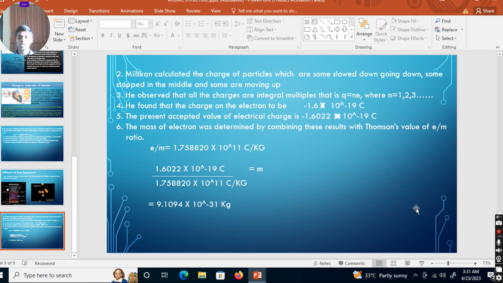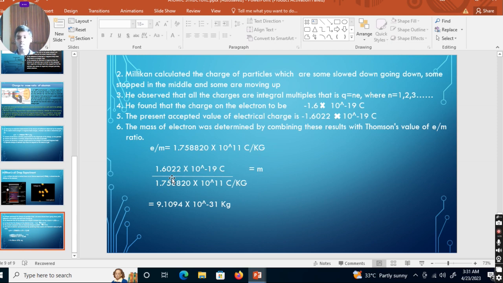By calculating this division, we get 9.1094 into 10 power minus 31 kg, the mass of the electron. Now we are using 9.11 into 10 to the power of minus 31 kg. The accurate value is 9.1094 into 10 to the power of minus 31 kg.